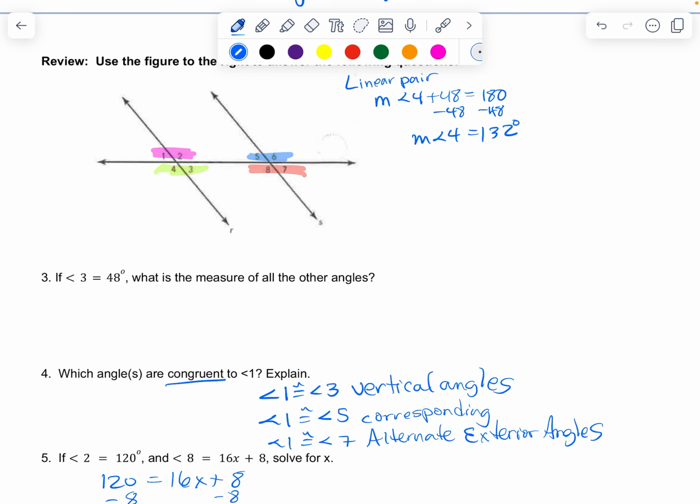So 1 and 4. And then 2 and 3. And then we'll do black first, 6 and 7. And 5 and 8.